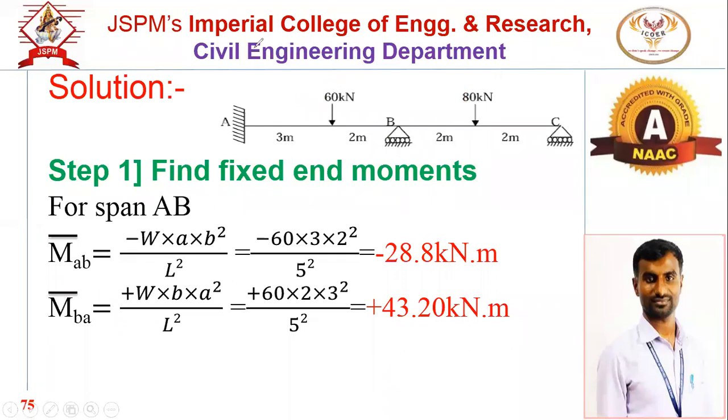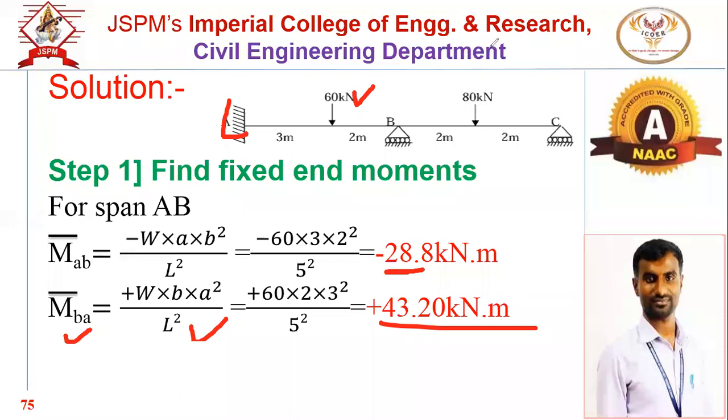Now here, we know that member AB is subjected to an eccentric point load. So M bar AB, this is the standard case, minus a b square by L square, the eccentric point load fixed end moment. The first fixed end moment is always anti-clockwise, that's why minus. So M bar AB, due to this 60 kilonewton load, will be minus 28.8, whereas M bar BA will be plus W a square b by L square, and that value is 43.2 kilonewton meter.